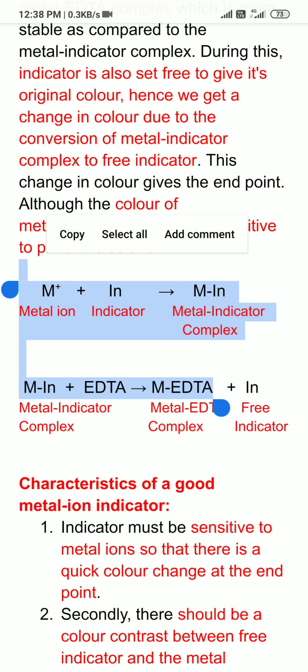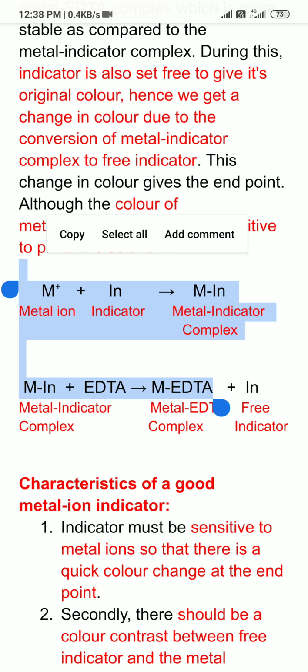Now why does this happen? The reason behind this is that metal EDTA complex is more stable as compared to the metal indicator complex. So I can say that metal indicator complex changes into metal EDTA complex.